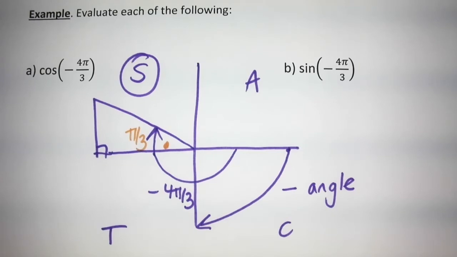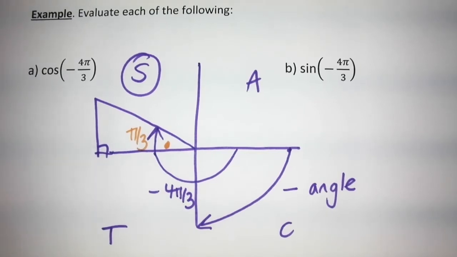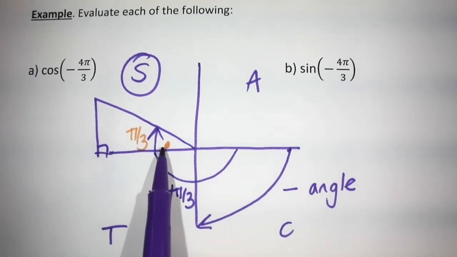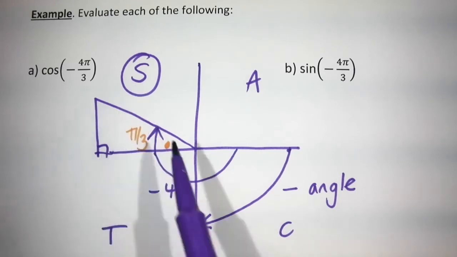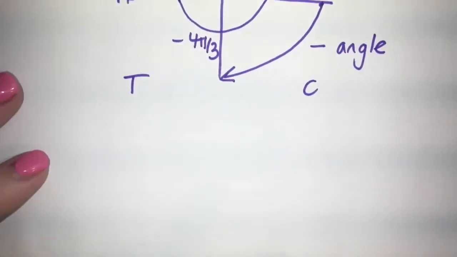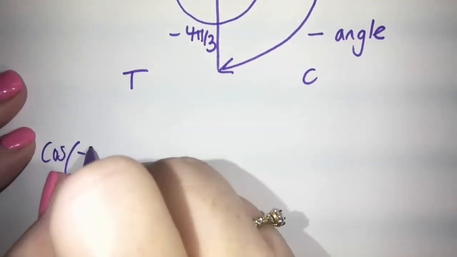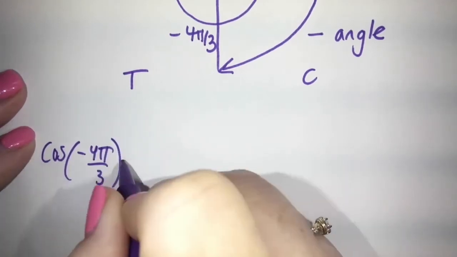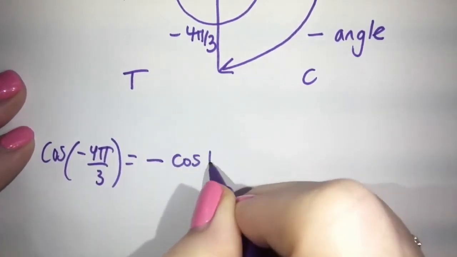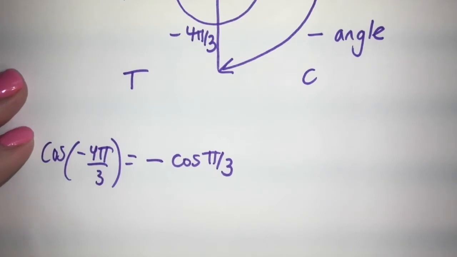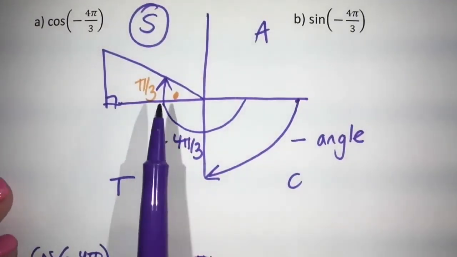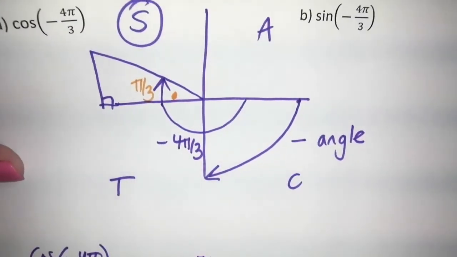So if we want cos of negative 4 pi over 3, the only thing we have to do is the cos of pi over 3. And then remember that we're in the S quadrant. So that means cos of negative 4 pi over 3 is negative cos pi over 3. The negative is because we're in the S quadrant, and cos is going to be negative in the S quadrant.